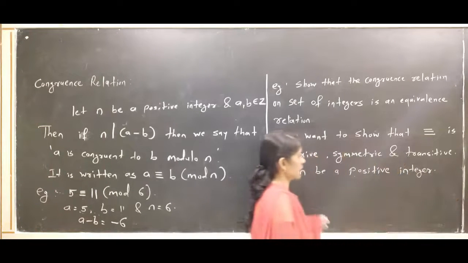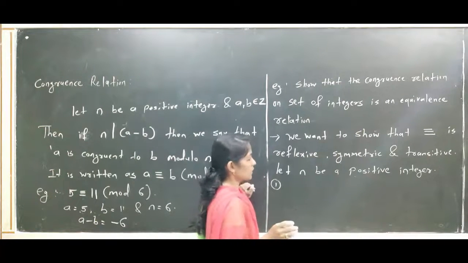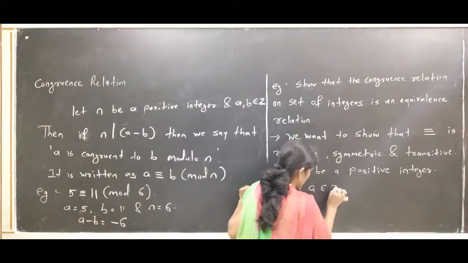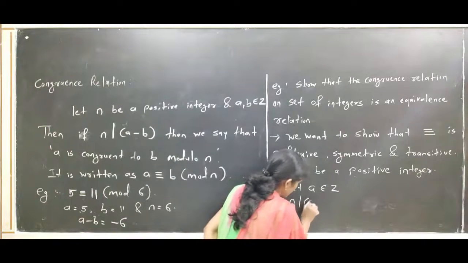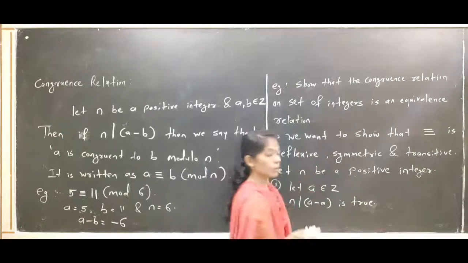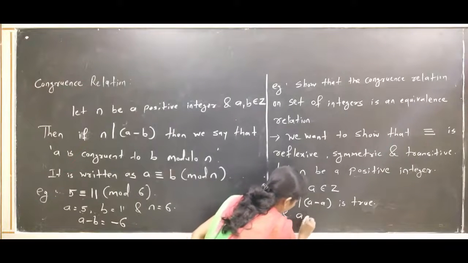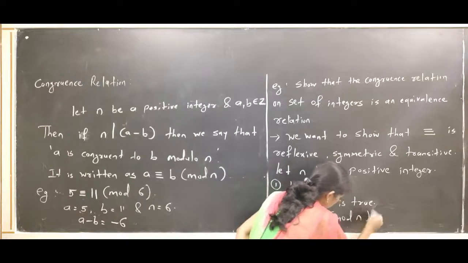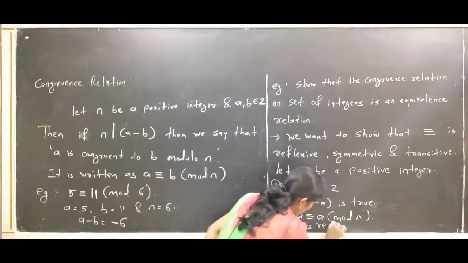Here we take N as a positive integer. First, for reflexivity, let A belong to the set of integers. N divides A minus A is always true. So that is A congruent to A modulo N. Therefore, congruence relation is reflexive.